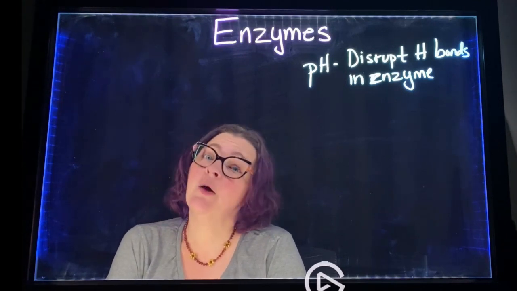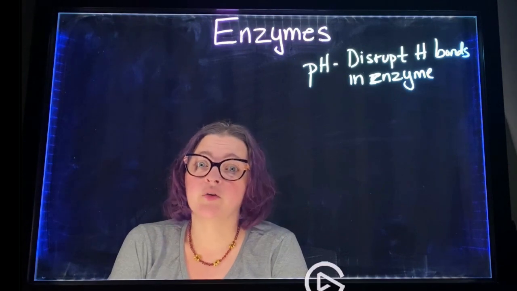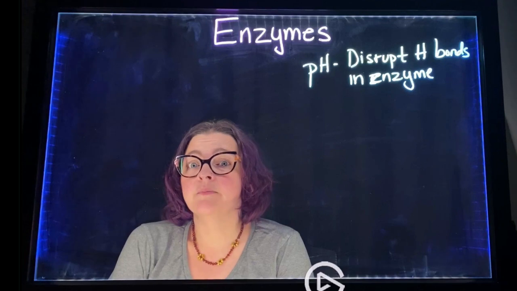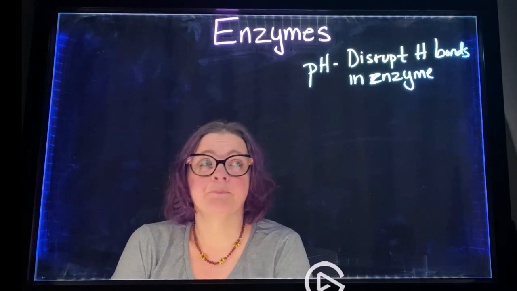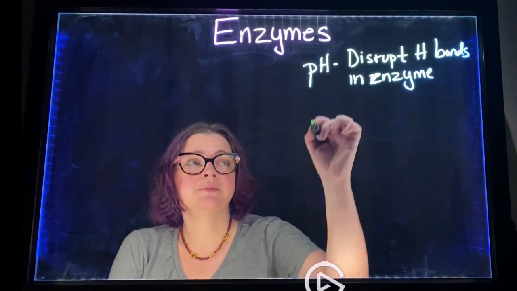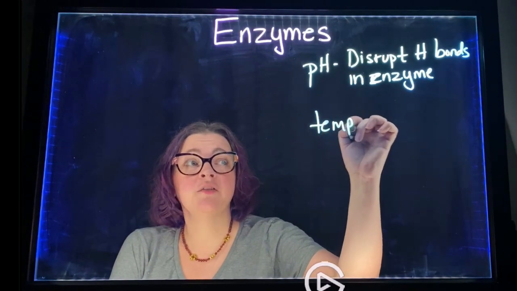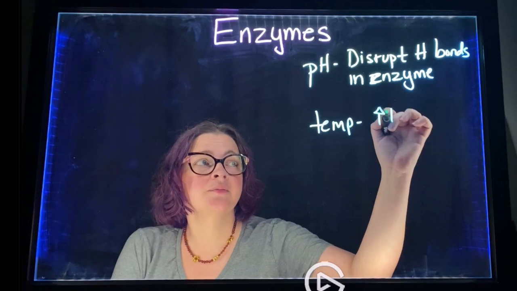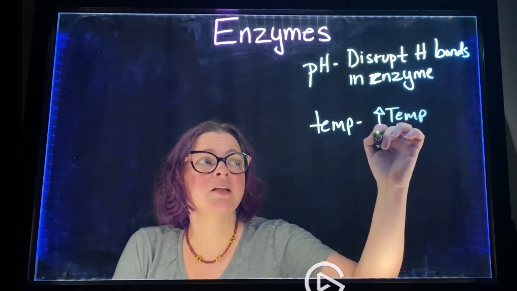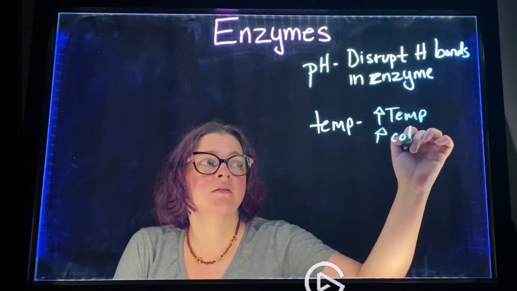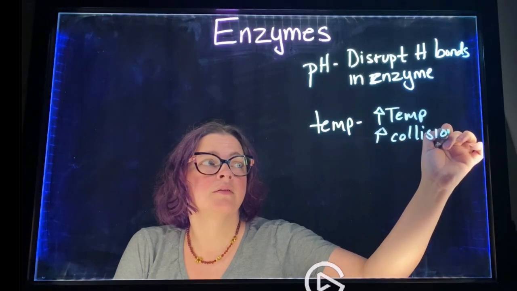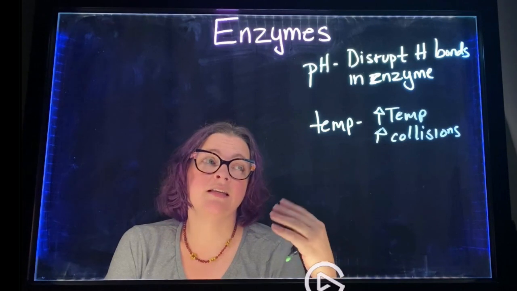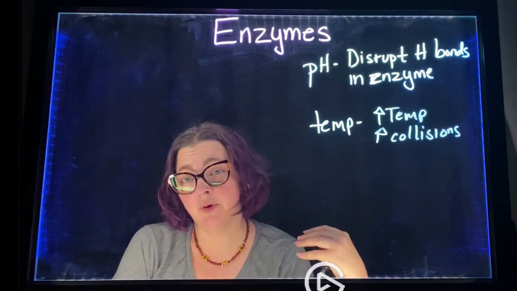So when you get out of range of the pH, you're going to be breaking too many of the hydrogen bonds that are there, breaking the enzyme. Temperature, on the whole, an increase in temperature is going to increase the number of collisions. But it will come to a point where the temperature gets too high and breaks the bonds within the enzyme.